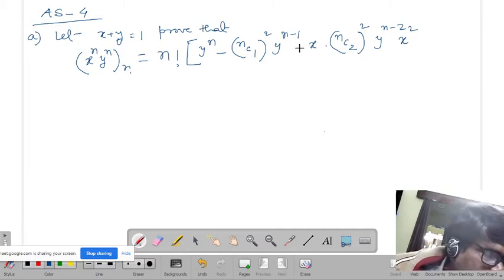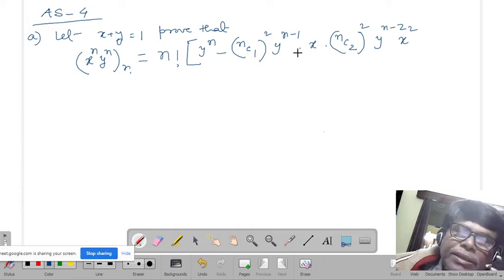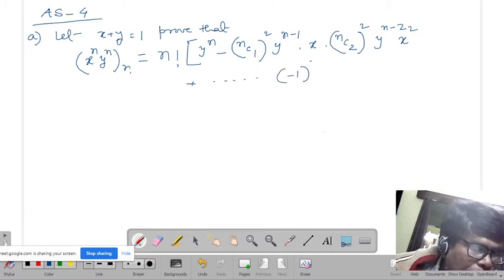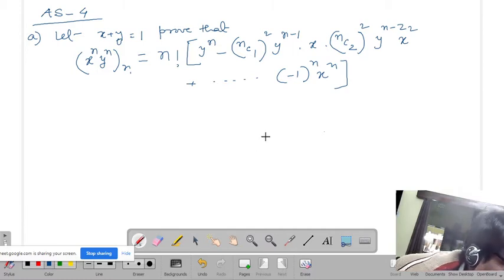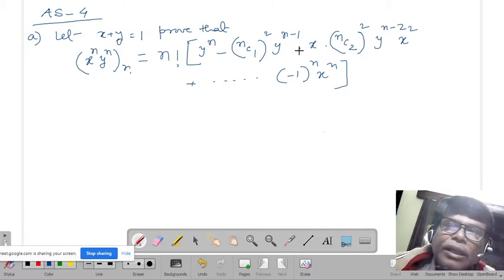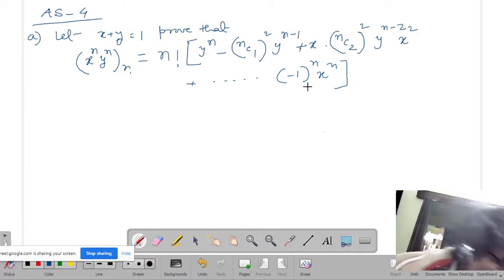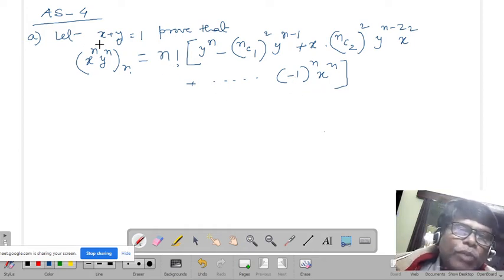Here, I think there is a plus sign. Plus dot dot dot minus 1 to the power n x to the power n. Yes, there is a plus sign here; you have to put a plus sign here. So this you have to prove from this equation.